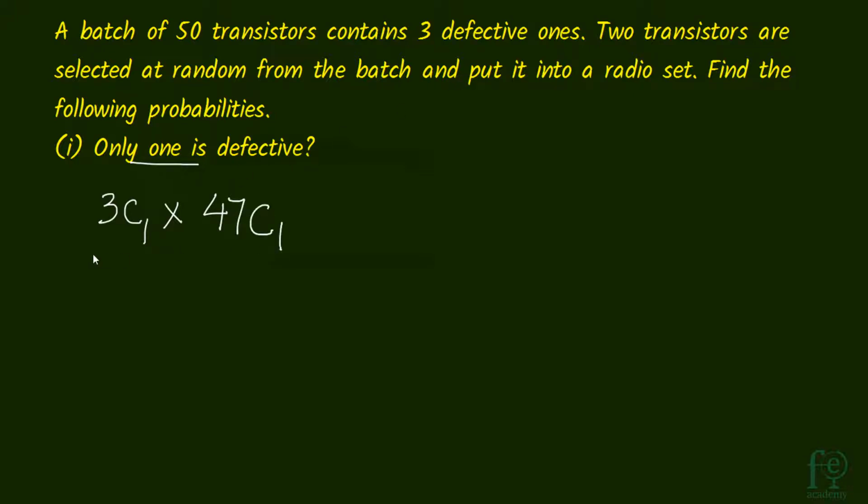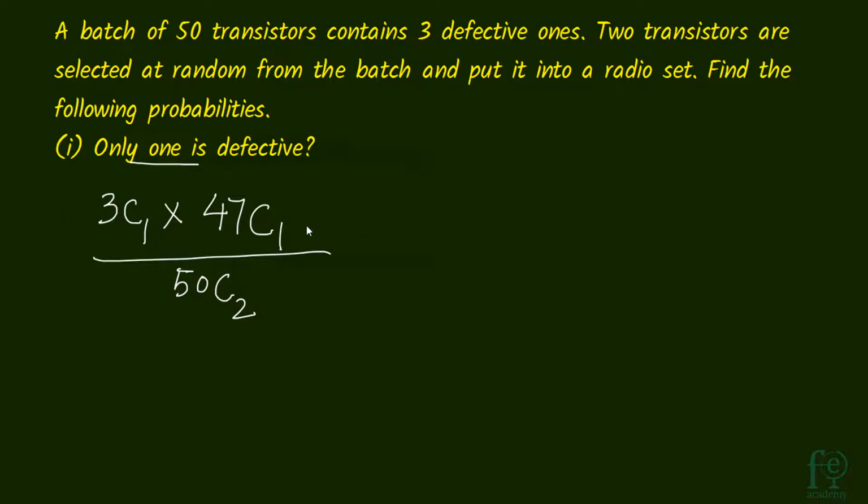So out of 47, we have to select 1 divided by total number will be 50C2. Out of 50, we have to select 2 and 3C1. So out of 3 defective ones, we have to select 1 transistor, and out of 47 non-defective ones, we have to select 1 transistor. We are selecting 2 transistors in total.